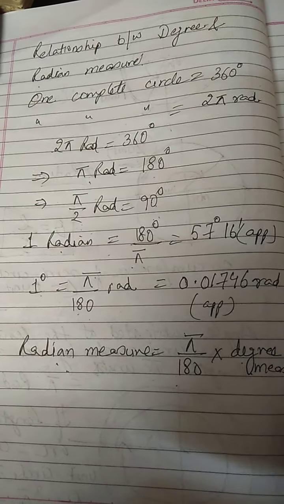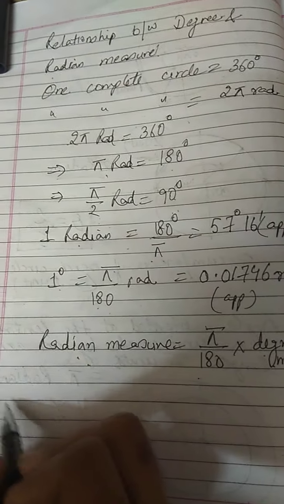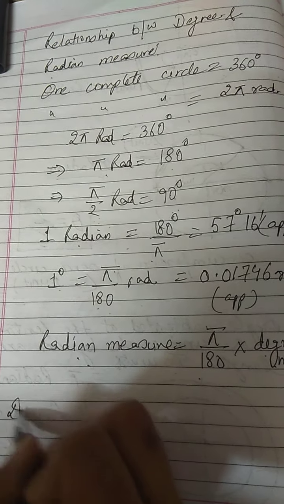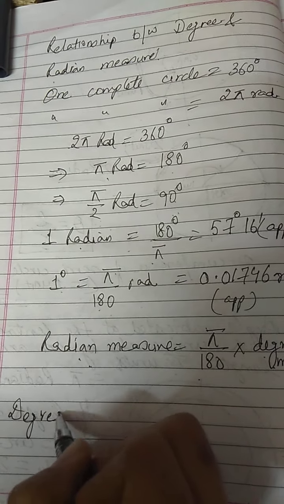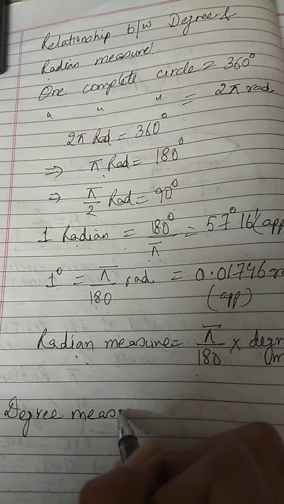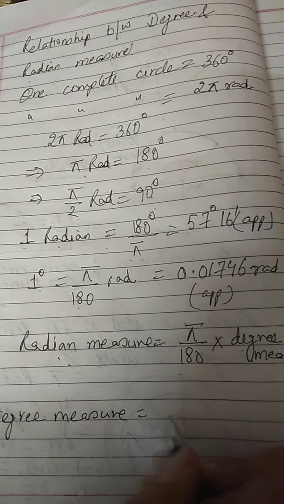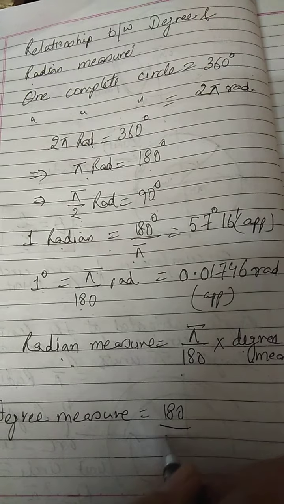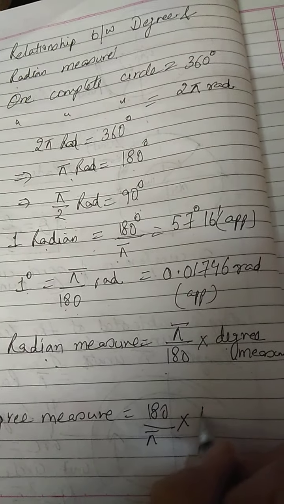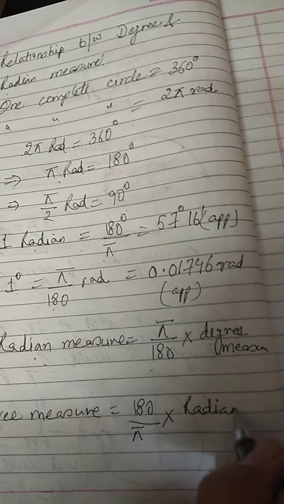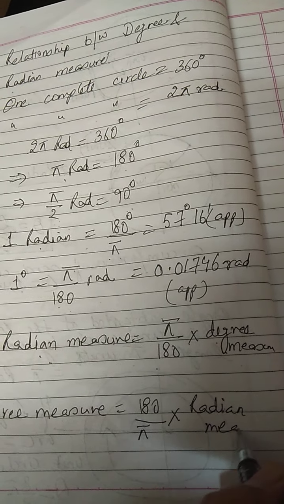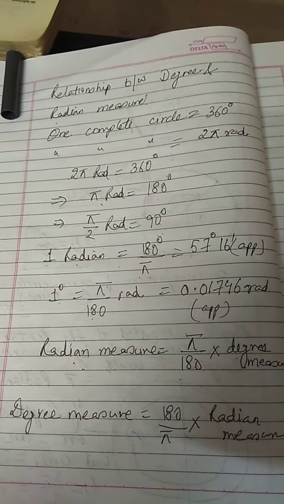Let me write down the other formula also. If I have to find the degree measure, then the degree measure will be equal to 180 upon pi into the radian measure. Here we write the value of the given radian measure.